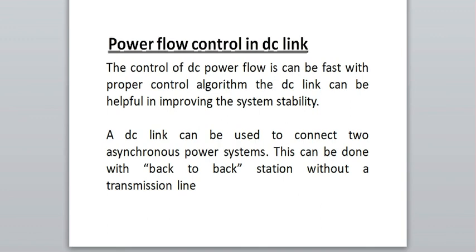A DC link is also used for two asynchronous power systems, where one has 50 Hz and the other has 60 Hz. The frequencies are different, and the voltage and current ratings are also different. How do we connect these two power systems? We can connect them using a DC link.